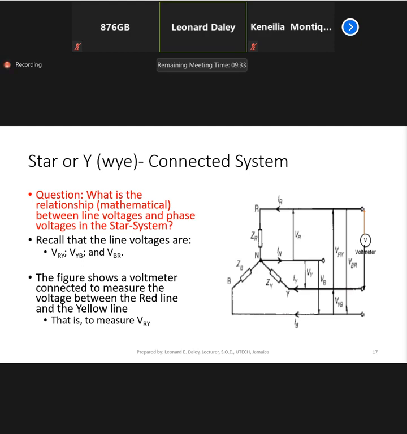Now, what is the mathematical relationship between line voltages and phase voltages in a star system? I've put a voltmeter here to measure my line voltages. This voltmeter is measuring the voltage between the red line and the yellow line, so it's connected to measure VRY.